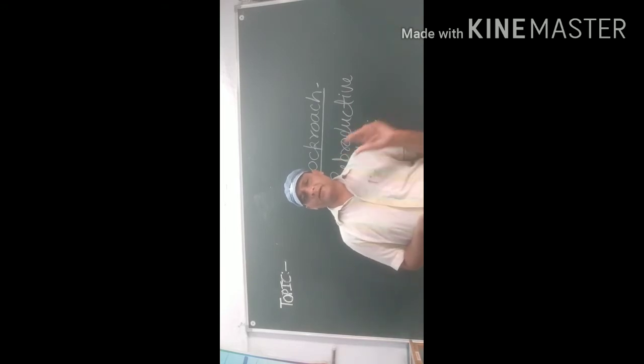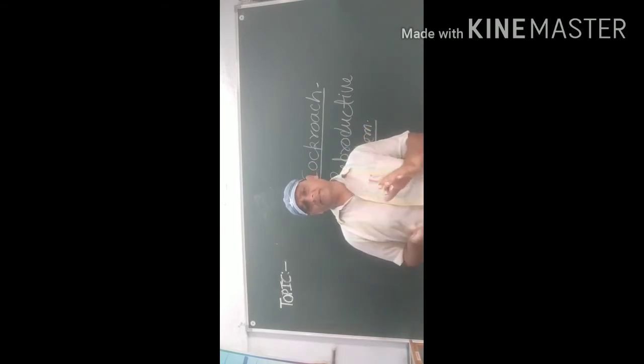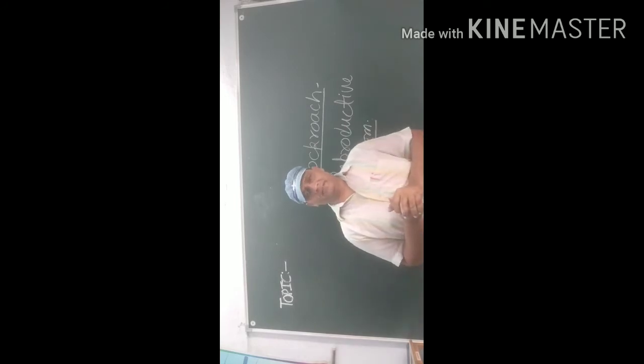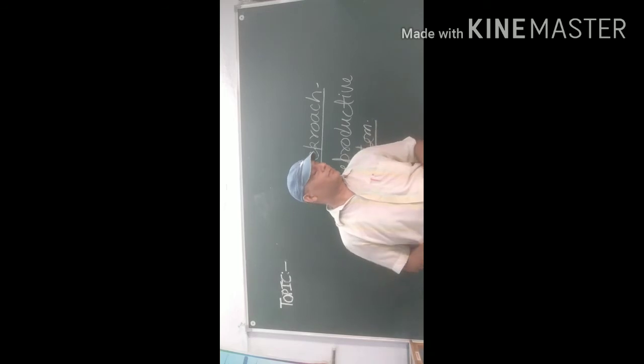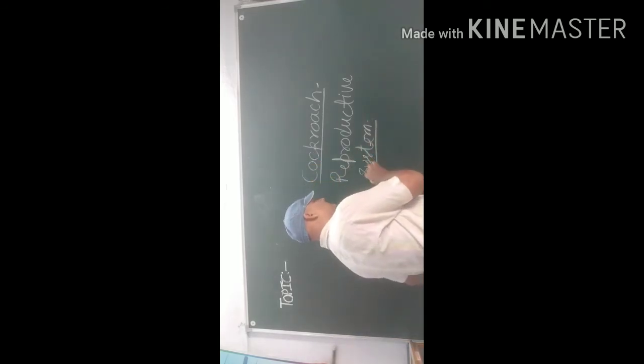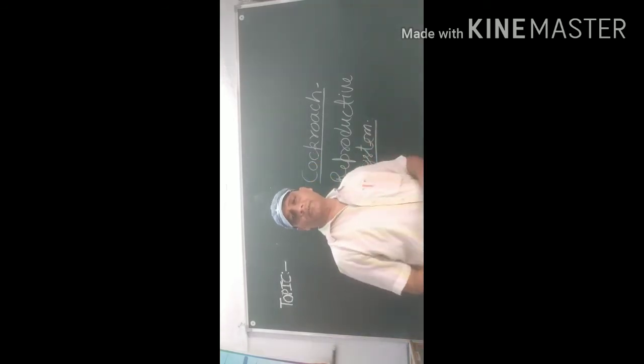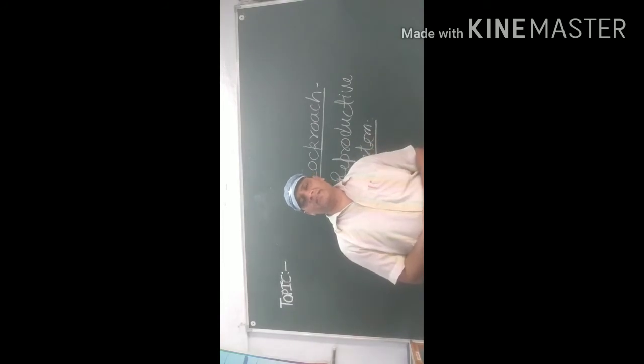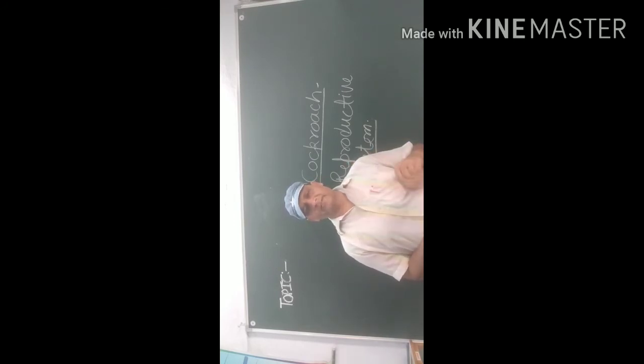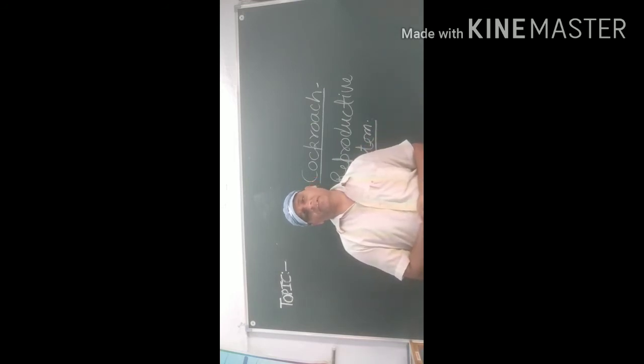The male is smaller in size, whereas the female is larger in size. The male reproductive system consists of testes, vas deferens, and various types of glands. The female consists of ovaries, oviducts, and glands that help in reproduction.